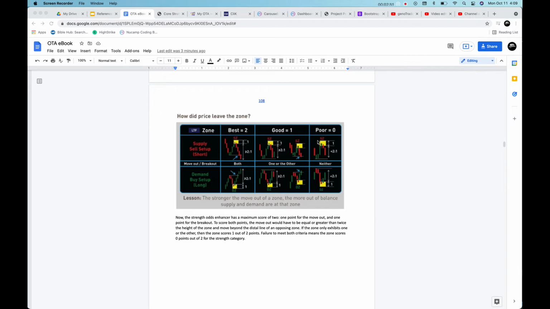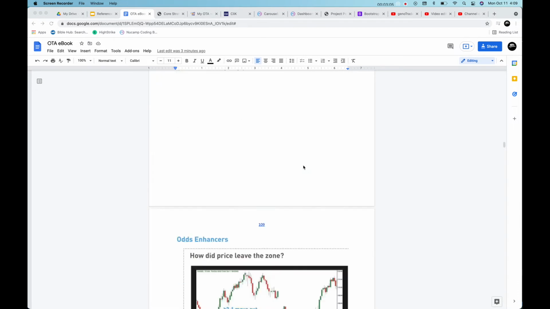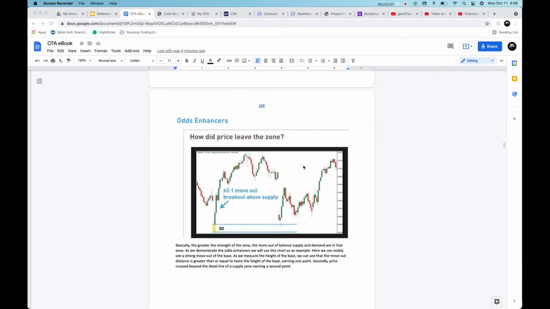If the zone only exhibits one or the other of these traits, then the zone scores 1 out of 2 points. Failure to meet either criteria means the zone scores 0 out of 2 points for the strength category. Basically, the greater the strength of the zone, the more out of balance supply and demand are in that zone.